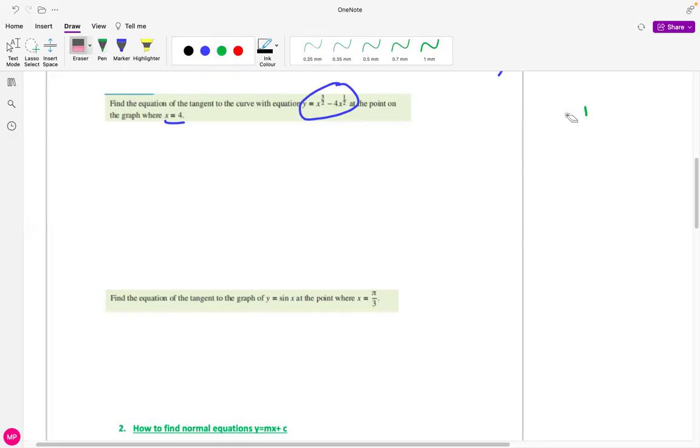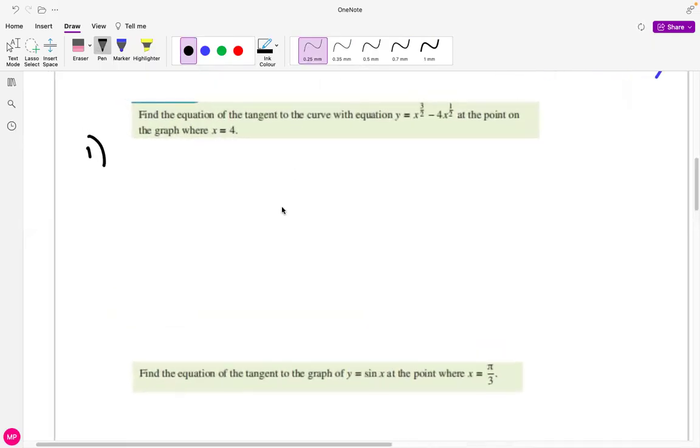So my first step is I'm going to find the gradient first, and to find the gradient, I'm going to find the derivative of this equation. So y equal x to the power 3 over 2 minus 4 x to the power a half. Now we're going to find the derivative.